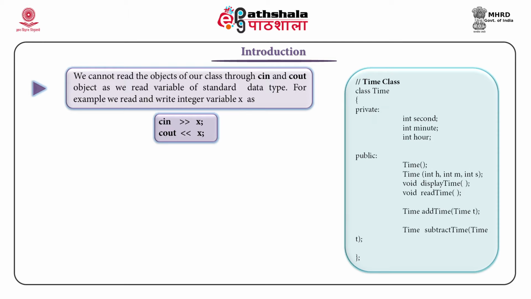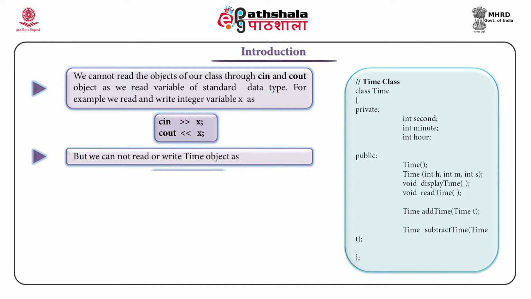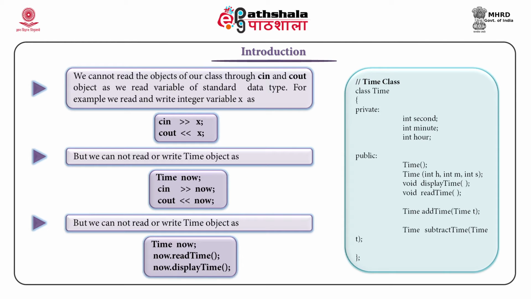But if you want to read an object of the time class, let us say we have defined an object of the time class as now, we will not be able to read this particular object as cin now, and we will not be able to display this object as cout now.